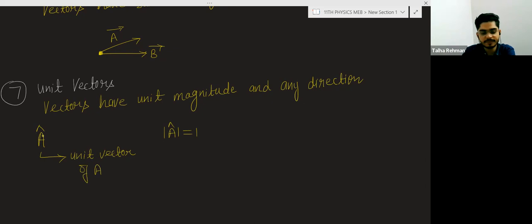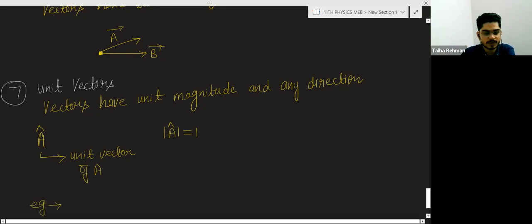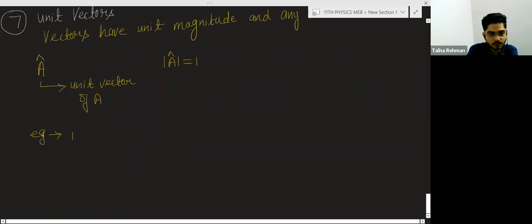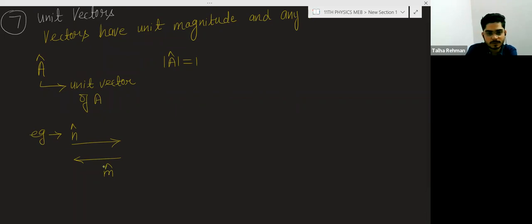For example, suppose I'm taking the unit vector of small n, and this vector is acting in this direction. And suppose there is another unit vector m acting in this direction. So the magnitude is 1.